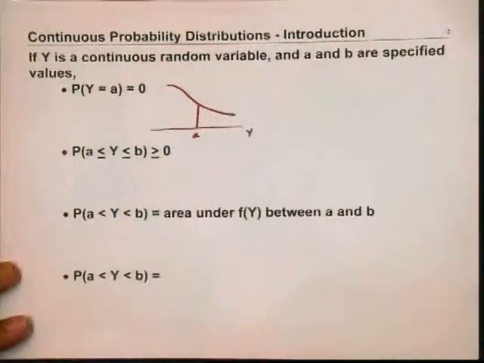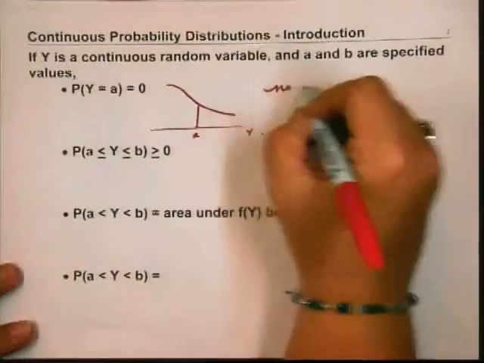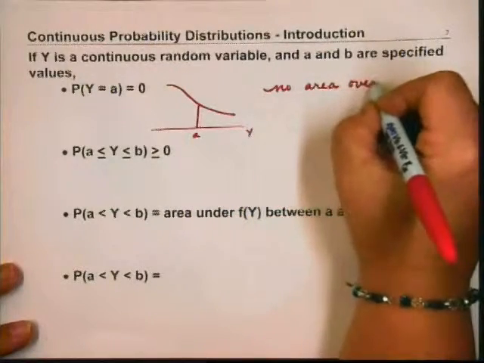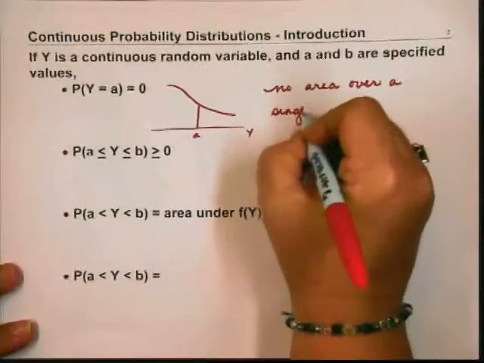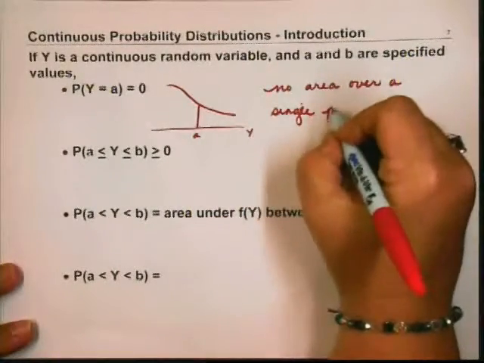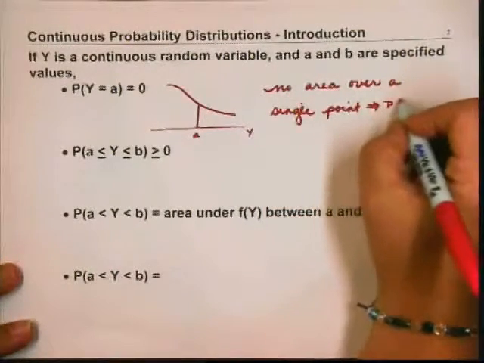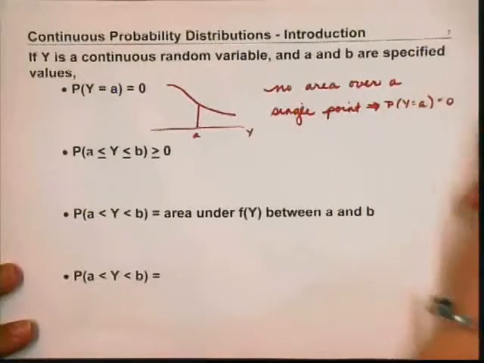The probability is going to be associated with area, and the reason this is equal to 0 is that there is no area over a single point. That is why the probability of y achieving a single value is 0.